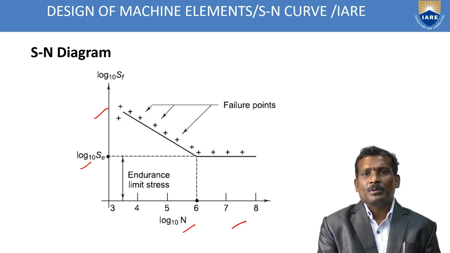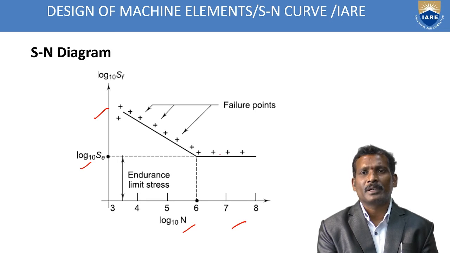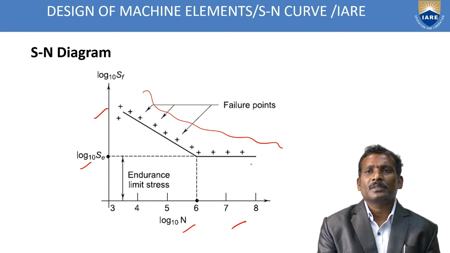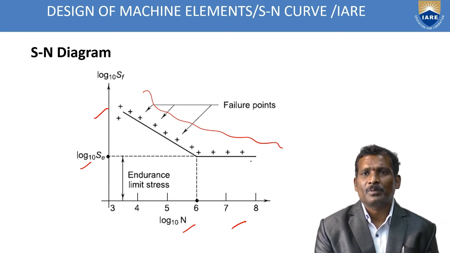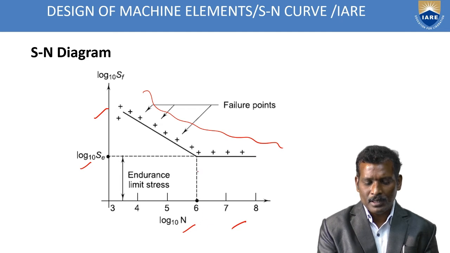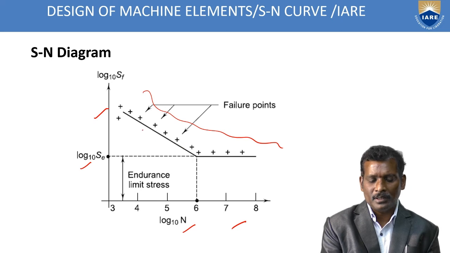Clear? It is obtained by testing the specimen in the fatigue testing machine. These are all failure points. Clear? Beyond this stage, the component will fail. Generally here 10 to the power of 6 cycles is represented.